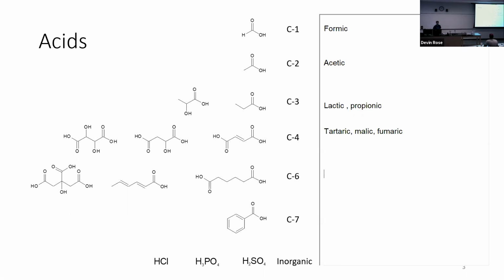Okay, 6-carbon acids. So the one on the left there should be immediately recognizable. 6-carbon acid with 3 carboxylic acid groups on it. You know what this one is, right? The most common acid in fruits. Citric.